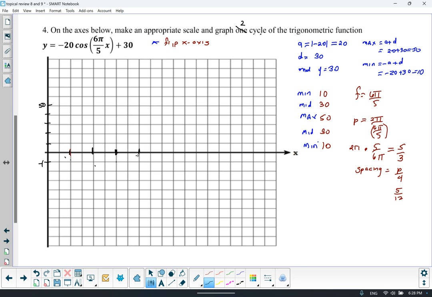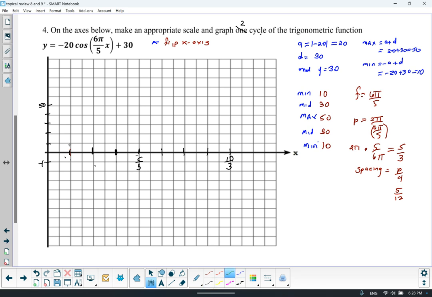And 20 over 12 reduces to 5 over 3. So that's one period. So this would be 25 over 12, 30 over 12, 35 over 12, and 40 over 12 reduces to 10 over 3. So that would give me 2 cycles.